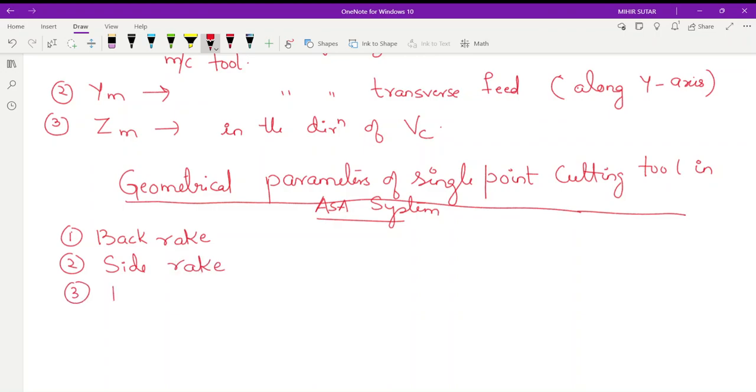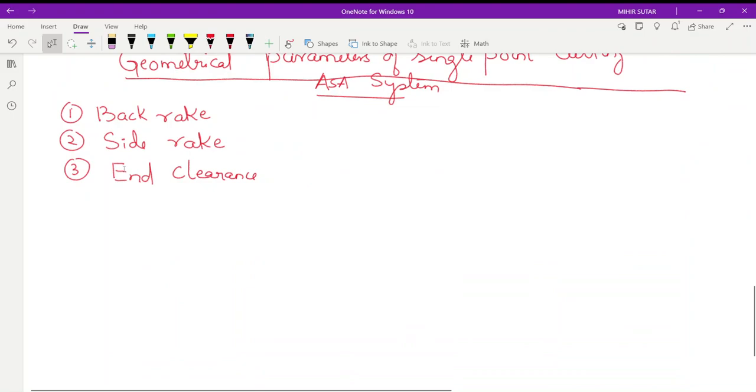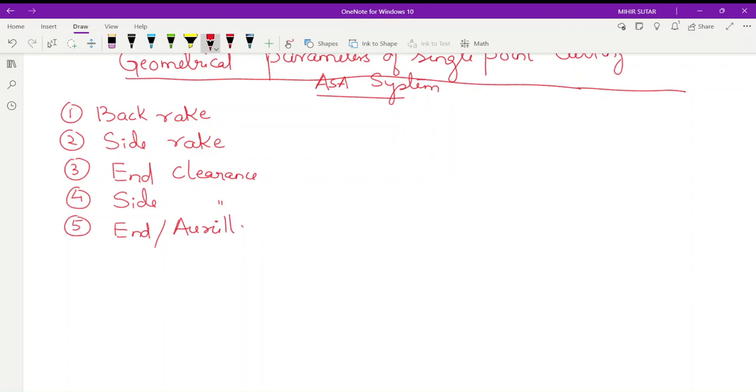end clearance. These are back clearance angle, side clearance angle, end clearance angle, then side clearance angle, then end or auxiliary cutting edge angle.